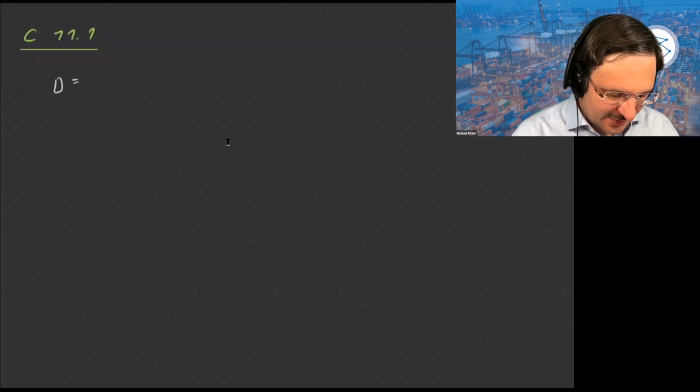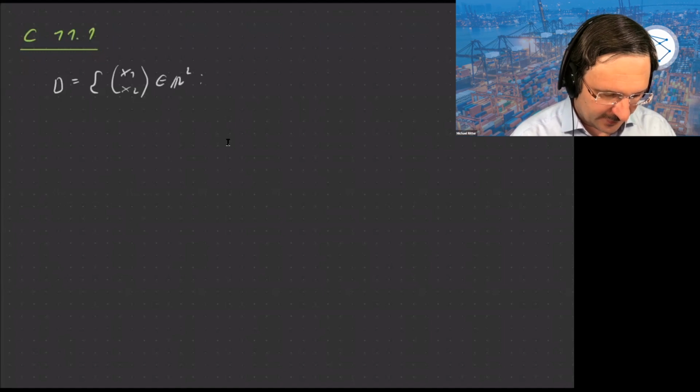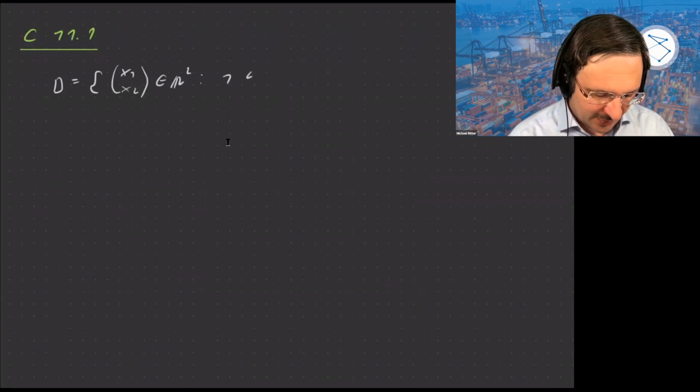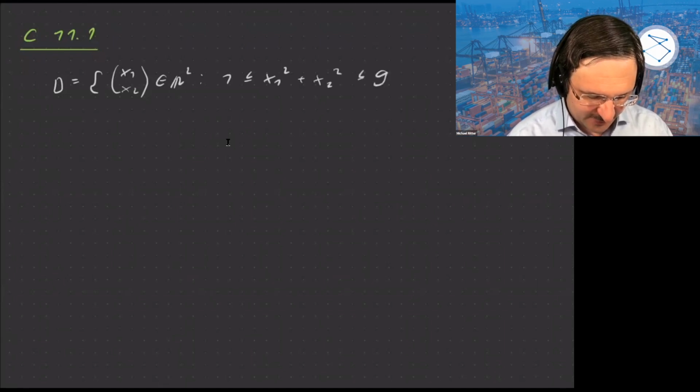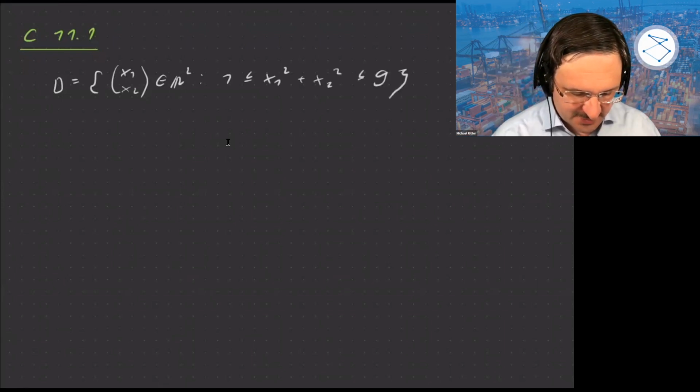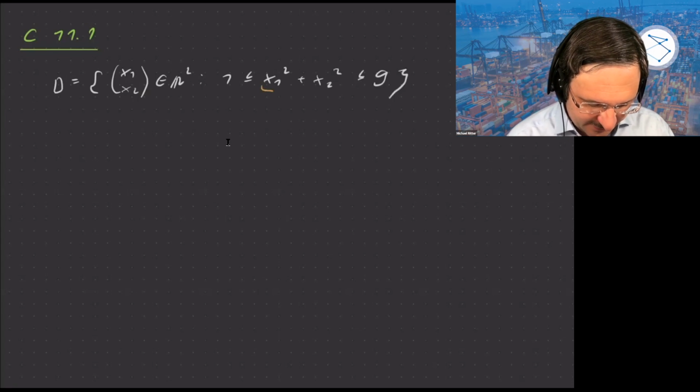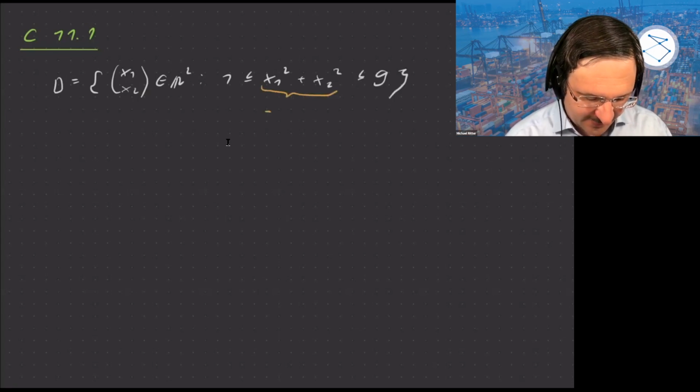Okay, so this set D that we're considering for our integration, you can probably tell how this looks already. But let's spend a few minutes talking about that. As you can see, this expression here in the middle is exactly equal to the norm of x squared.